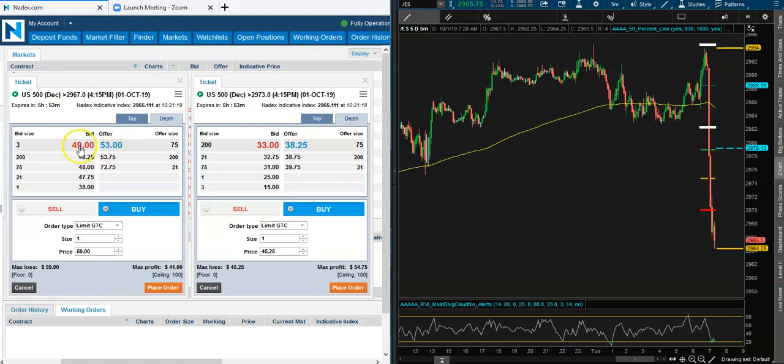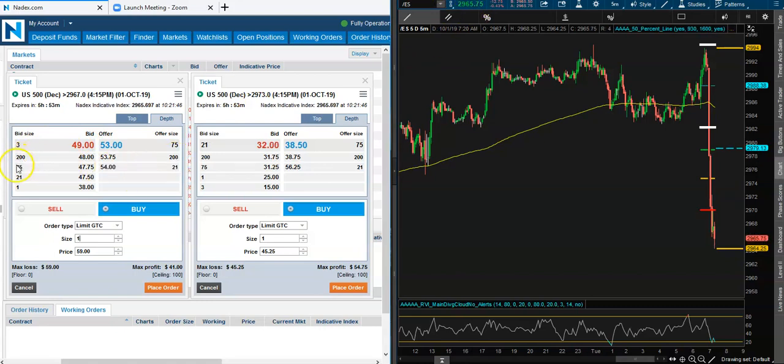Okay, but because it's 49 by 53 and we're at 2965, it's also a news-driven event, so they're just readjusting the prices. But you see, there's one person who's more than likely trying to get out right now at 49, and that's why 49 isn't moving, even though this is moving up $1 or $2.